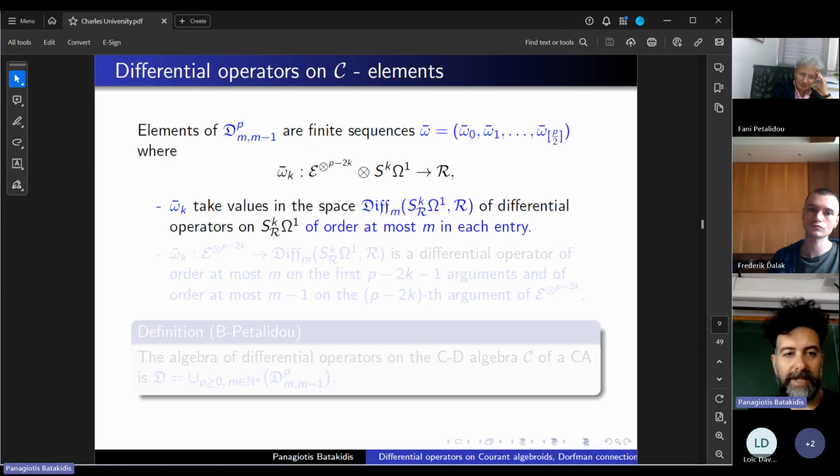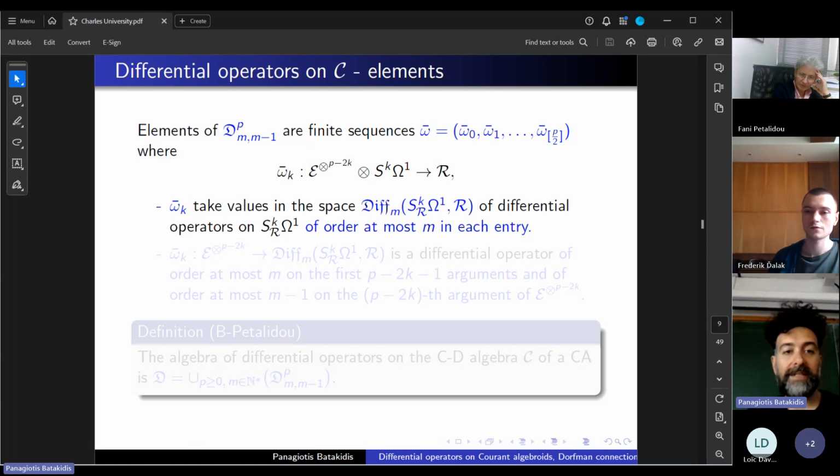And this is what these lower indices tell you. They tell you the order up to which you can derive sections of E and one forms here. So basically, take one of these omega k.